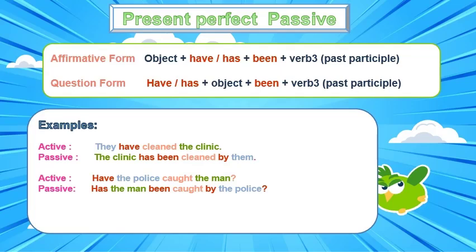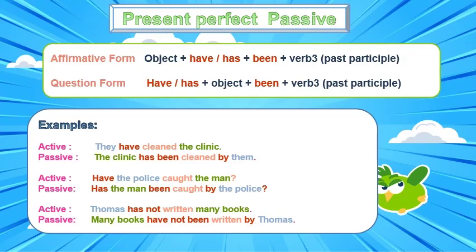The man here, singular or plural? Singular. So I start with, has the man been caught by the police? I will take has because the man here is singular, okay?